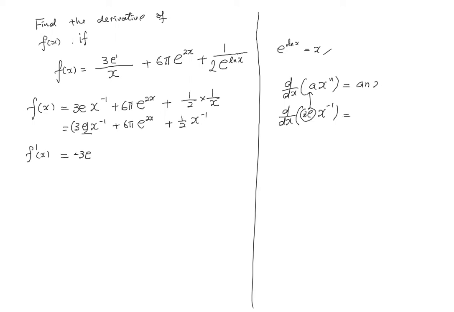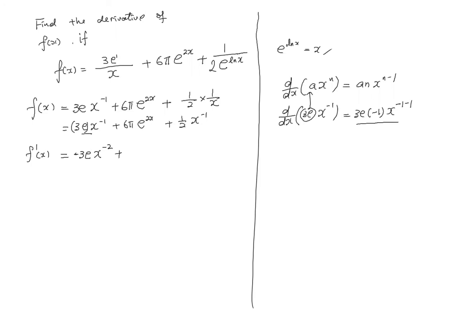Then power take away 1. So 3e, bring down the power is -1, then power take away 1. See or not? So you can straight away write -3e x to the power -2. Those who need to do step by step, please do so. Clear? Okay.